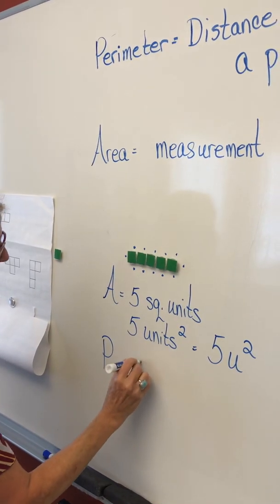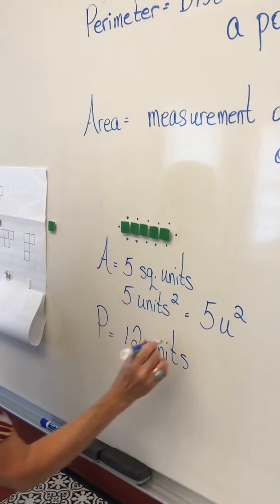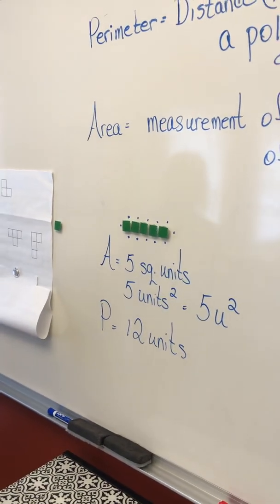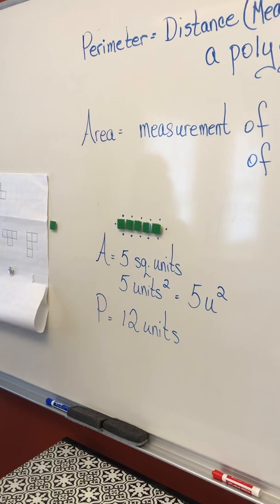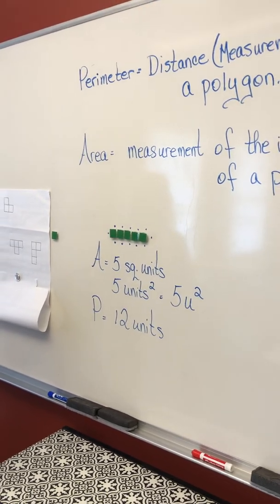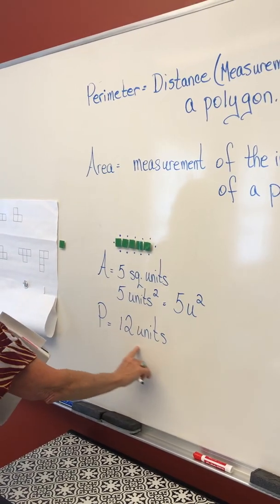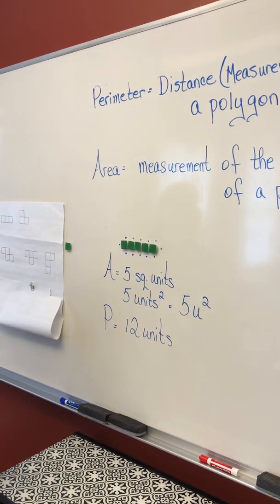So my perimeter is 12 units. We don't square that for perimeter, we just put down what we have. And tonight, when you're doing this, you can just use numbers if you want, all right? So we have 5 units squared for the area, but 12 units for the perimeter.